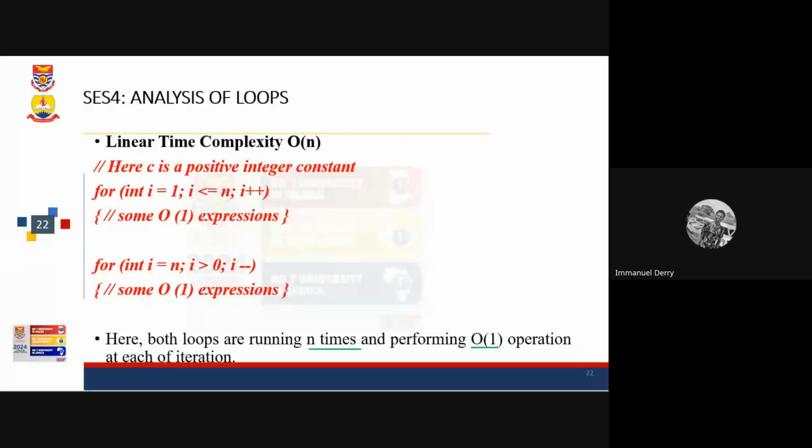Let's look at this particular one over here as well. Int i is equal to 1 and i is less than or equal to n, i plus plus. What I'm saying is that in the definition of the previous one, we're very certain with the C, and we say the C is a constant.